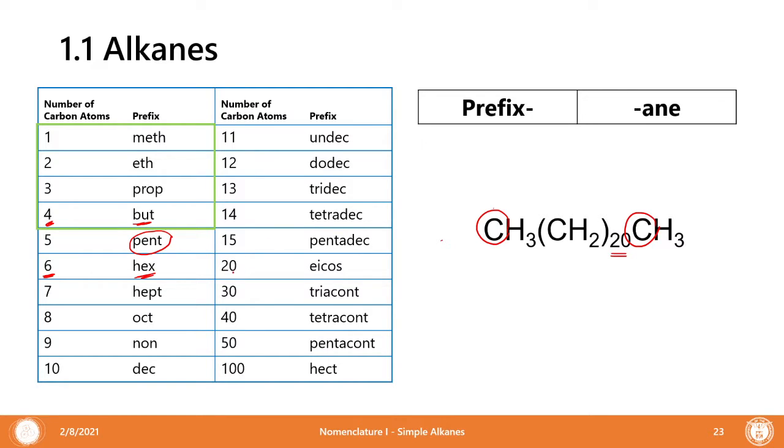So we use 20. The 20 portion of the prefix icos is actually the cos, while we add the 2 in the end using the ones with the tens. So we use do. Do cos, docosane. Quite simple.